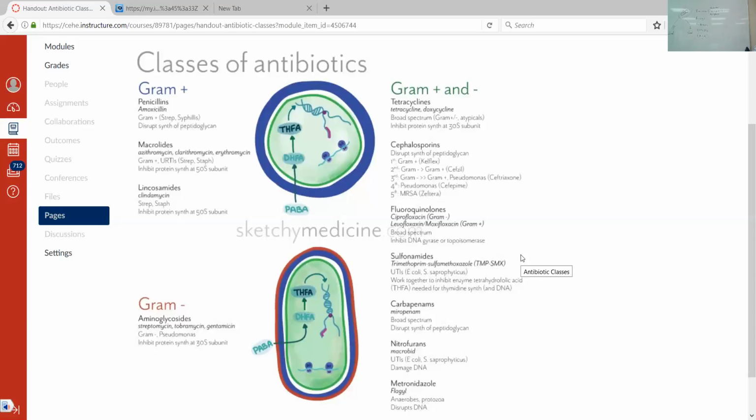And so we have the cyclines, tetracycline, doxycycline, and so forth.